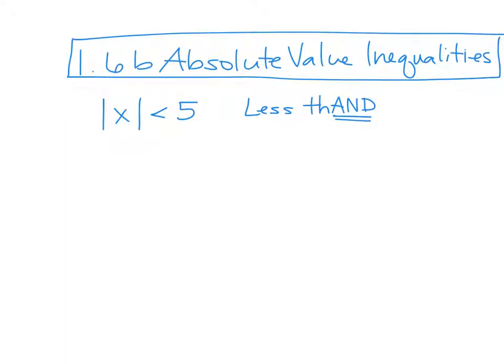Okay, so here's the deal with this. You need to flip your symbol and change your sign when you set up your two equations. So in the last lesson, we had an equal sign, right? All we did was take the absolute value out, write the equation with the regular number there, and then with the opposite of the number there. With this one, it's a little bit different.